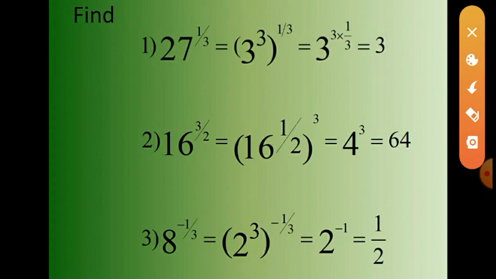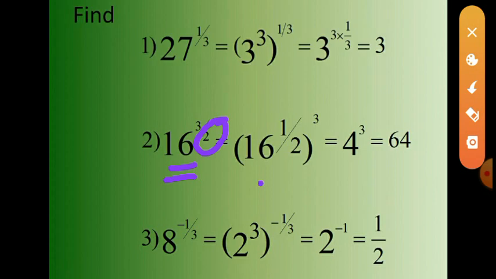Next, 16 raised to 3 by 2. What I have told? Check the denominator of the power. Now the denominator is 2. Now whose square is 16? Yes, 4 square is 16.